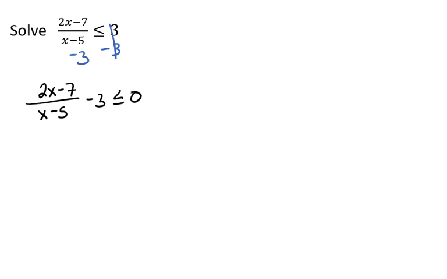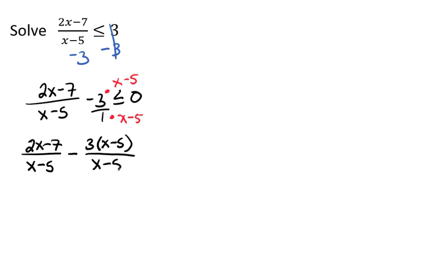And we're going to need common denominators because really we have a negative 3 over 1 there. So we'll need to multiply both the denominator and the numerator by the other denominator so we can get common denominators. That will give us (2x - 7)/(x - 5) minus 3 times (x - 5)/(x - 5).